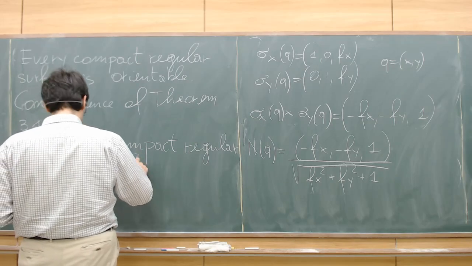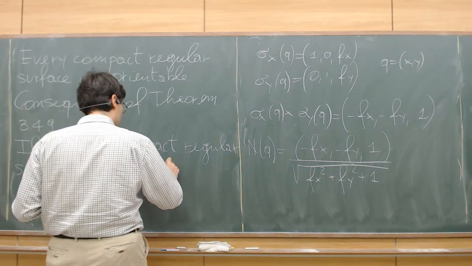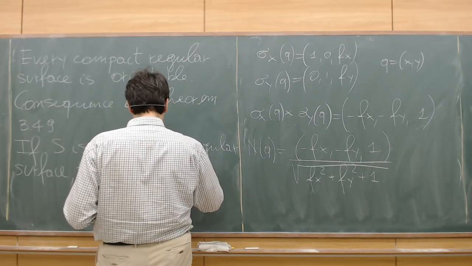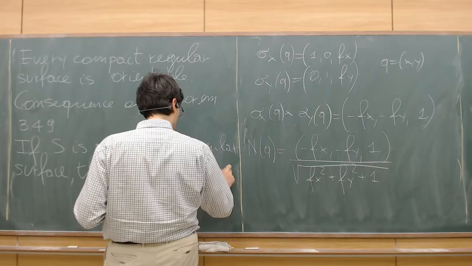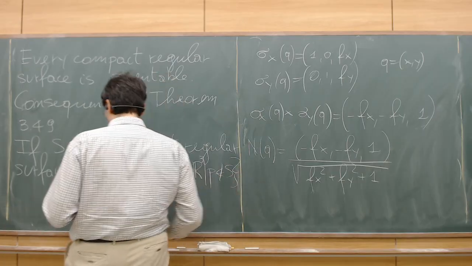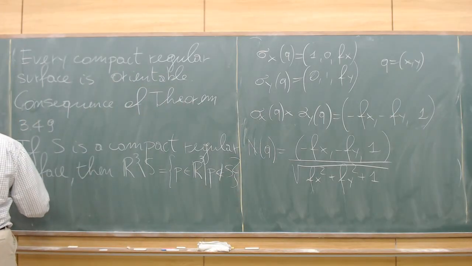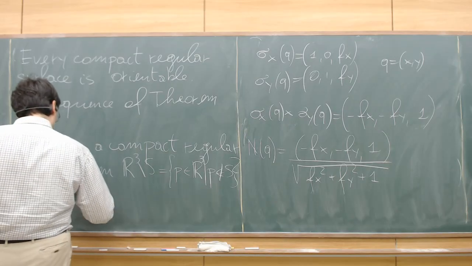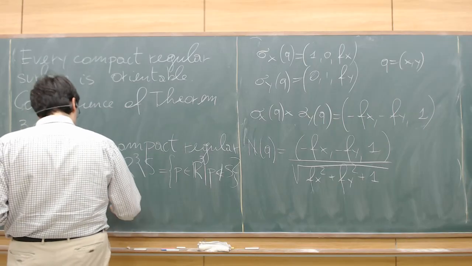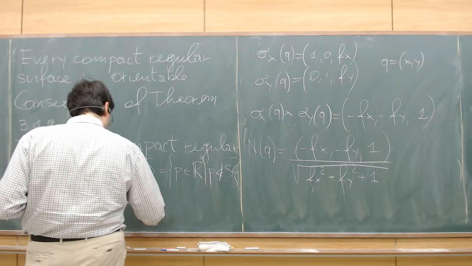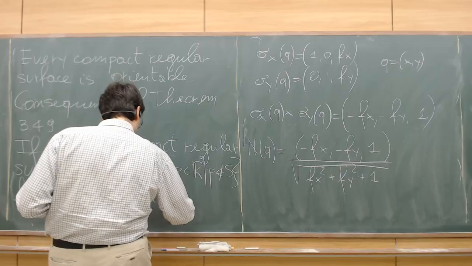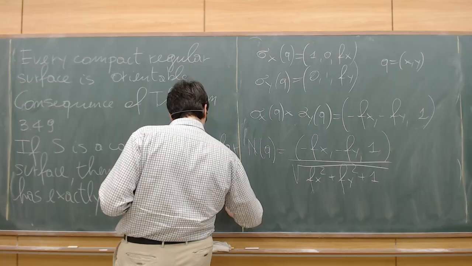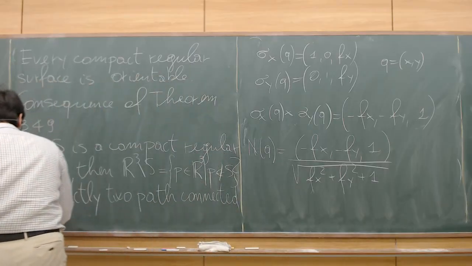R3 minus S, that is the set of points in R3 which do not belong to S, is exactly two path connected components.